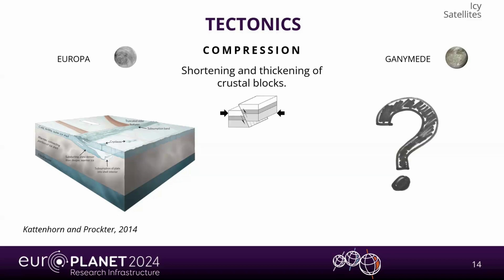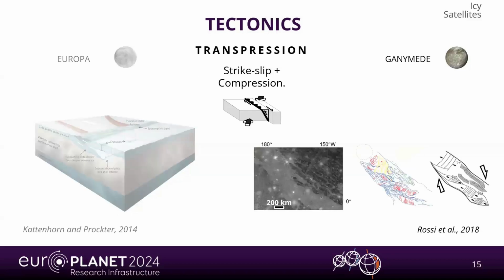For instance, on Ganymede, compressional activity has not been identified yet, but we identify a region that has been affected not by pure compression, but by transpression, that is a strike-slip with a compressional component. So it is not pure compression, but instead it is called transpression. So strike-slip with compressional component.